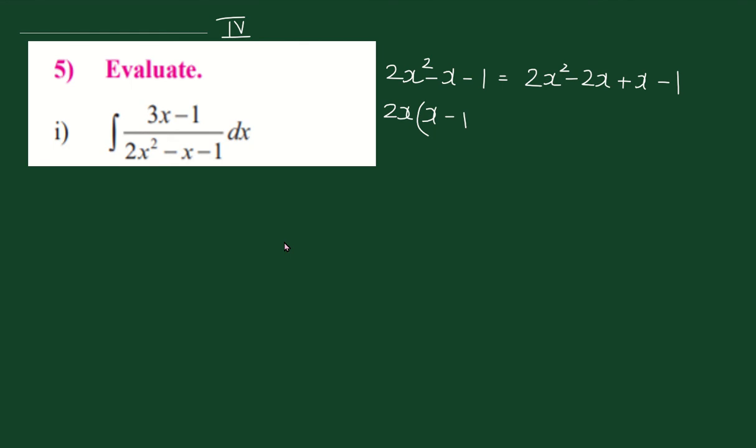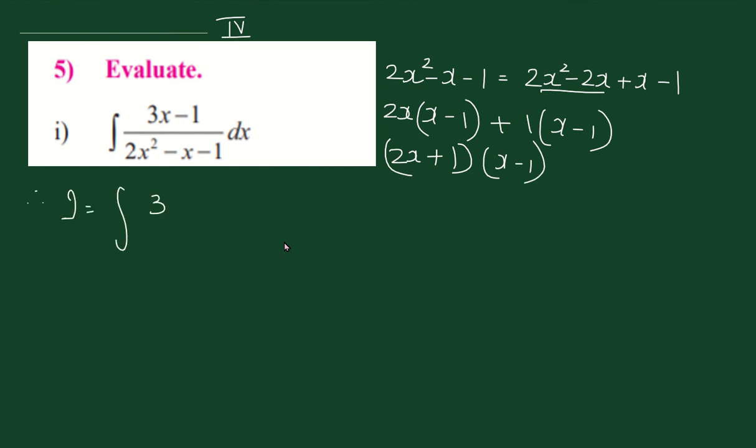So we get x minus 1 over here plus 1 common. So x minus 1. And therefore we get two brackets, that is 2x plus 1 into x minus 1.